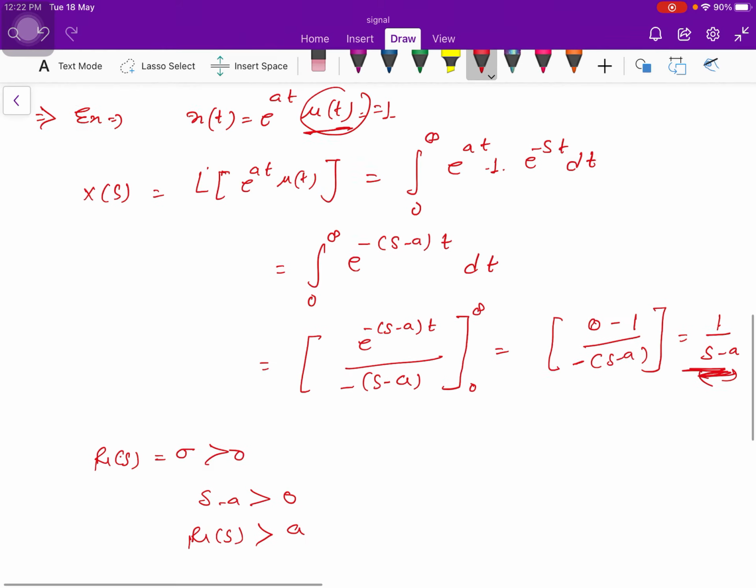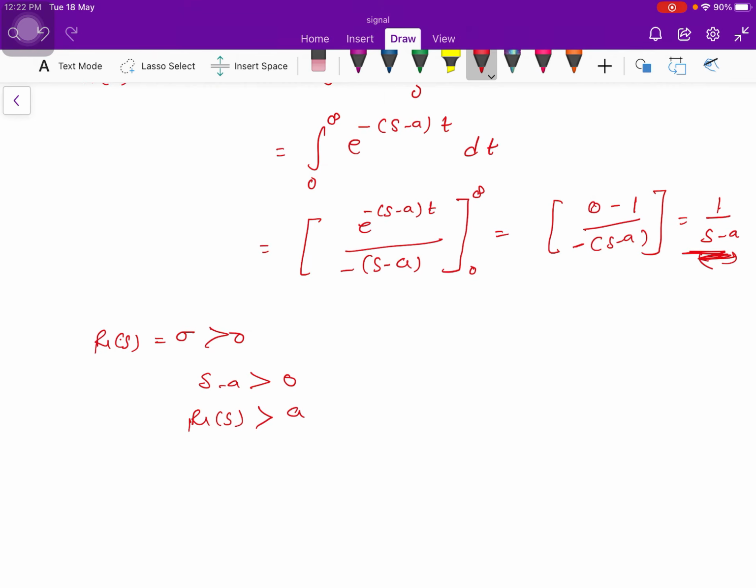Okay. So, if you want to plot this ROC, let us see, this is a over here. So, in this s plane, with j omega and sigma axes, this value is a. So, this ROC will lie here.